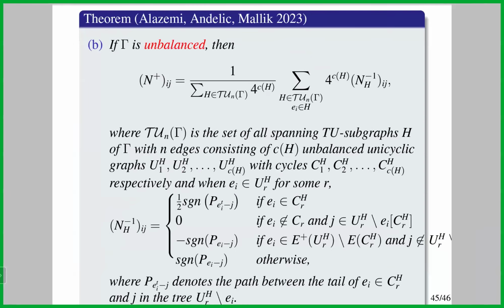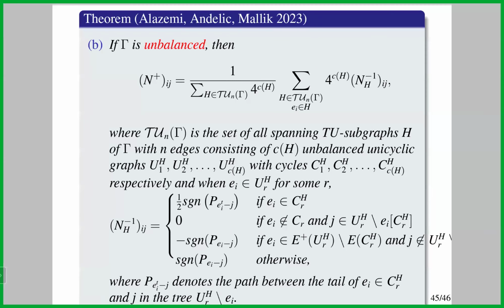And the second case is if gamma is an unbalanced signed graph. Then the ijth entry of N plus is also a summation over all spanning TU subgraphs. Now, what is a TU subgraph? A TU subgraph is a subgraph whose connected components are either signed trees or unbalanced unicyclic graphs.